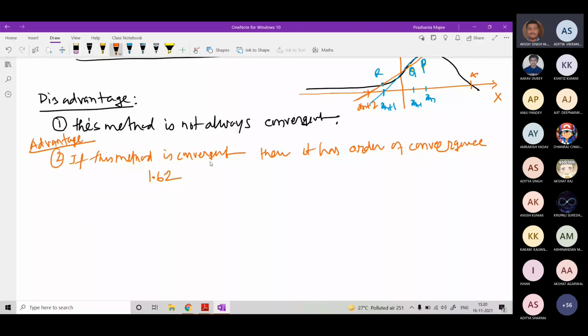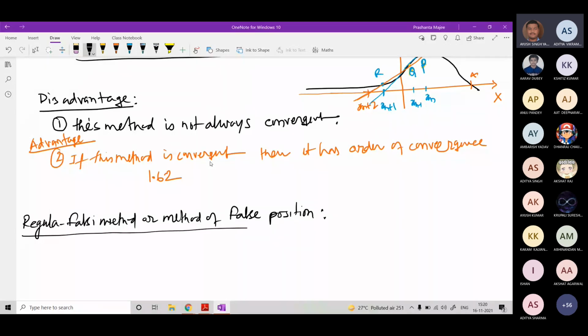So the next method which I am going to write is a simple modification of the last one, the second method, that is known as Regula-Falsi method or method of false position.